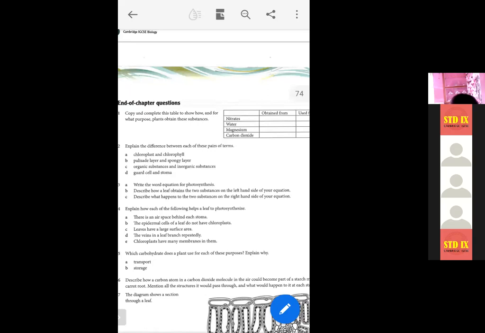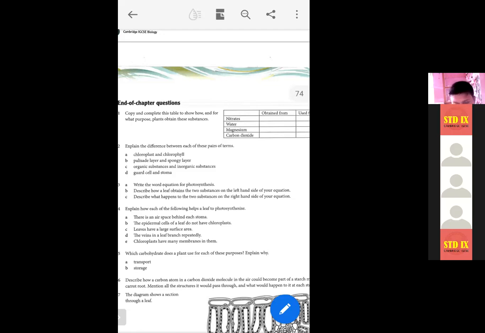The air space behind its stoma helps in the diffusion of carbon dioxide and oxygen.